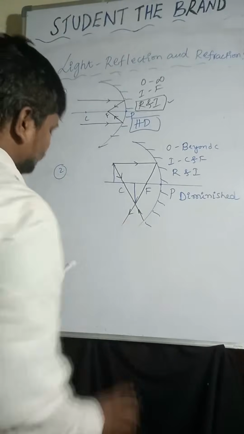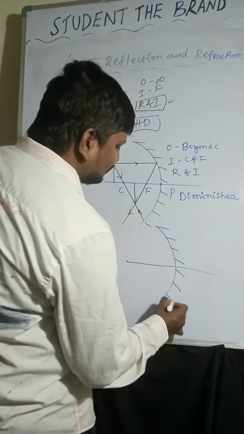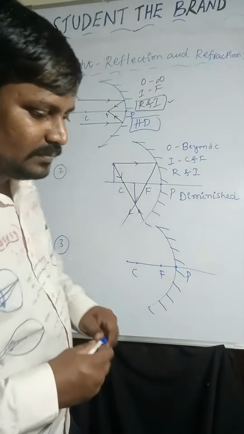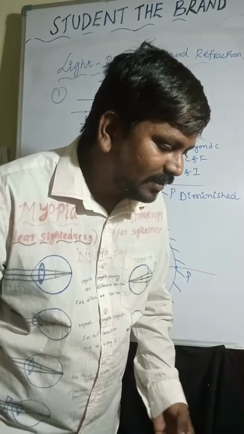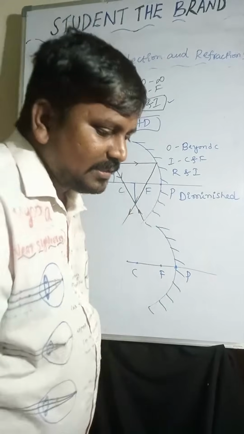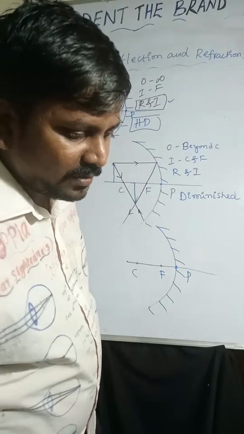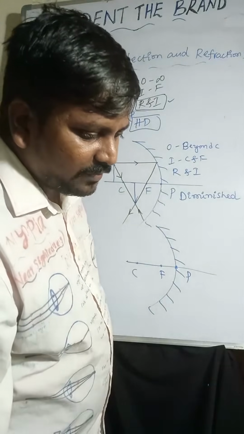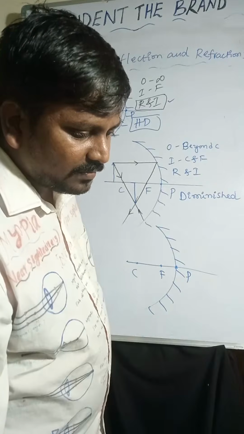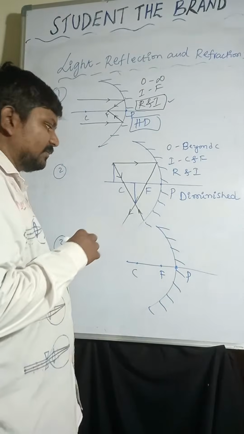Coming to the third one. Hey, Samarth, this is a mirror, Samarth, not a lens. Okay, Tanish. Definitely. Okay, done.